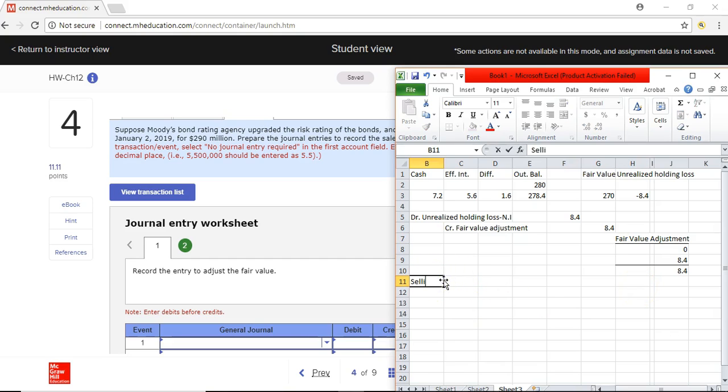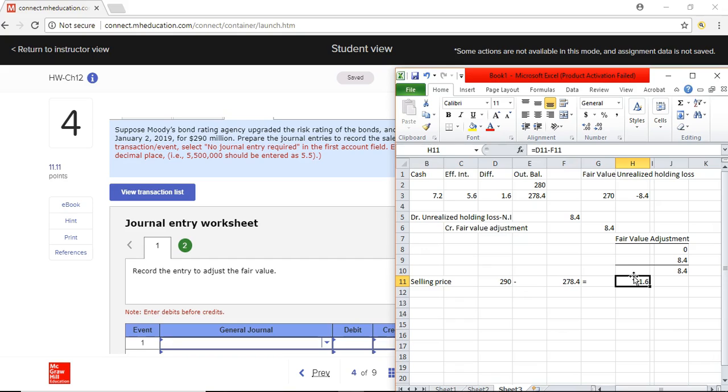So the selling price, $290 million, minus our original book value, $278.4 million, we actually have a gain of $11.6 million.